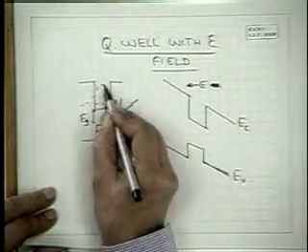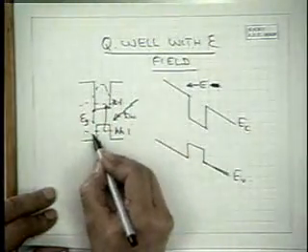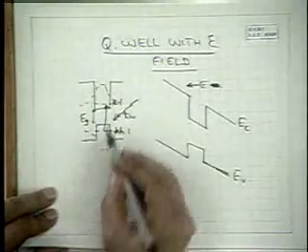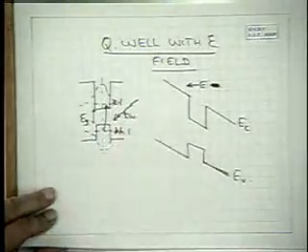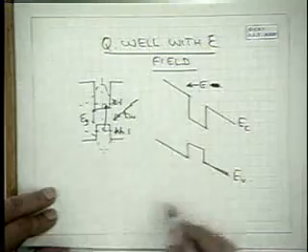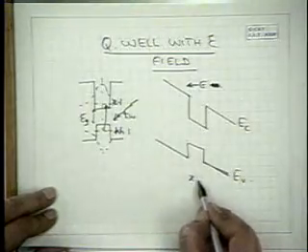Originally, the electron wave function was there, and the hole wave function was there. The peaks are located at the same point in space. X is space.